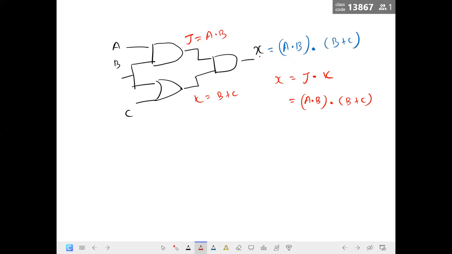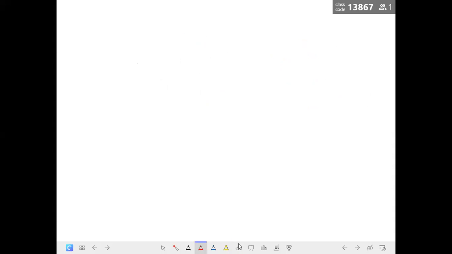Right? So then you have to derive the final Boolean algebra. Then I am going to do another two examples. One is this one.